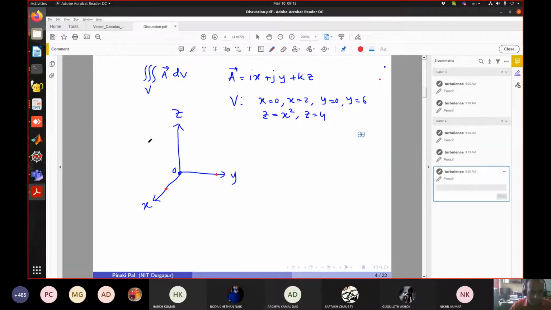It will be something like this, and then there will be another plane which is at z is equal to 4. Z is equal to 4 means a plane. So something like this actually.